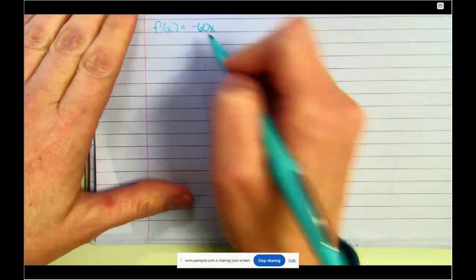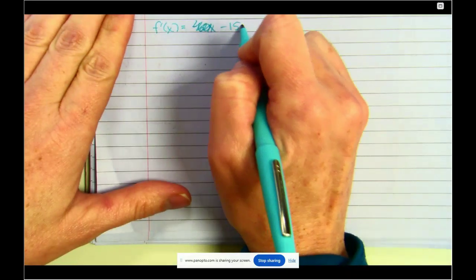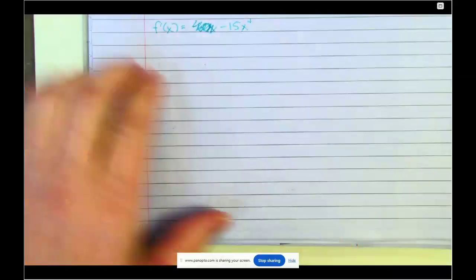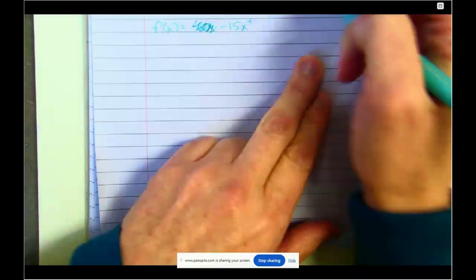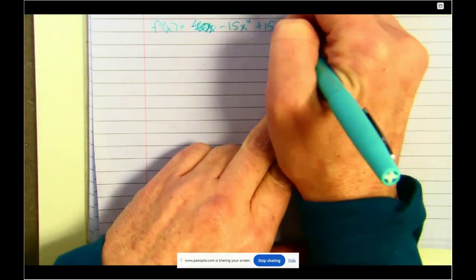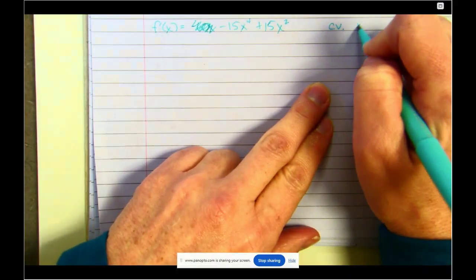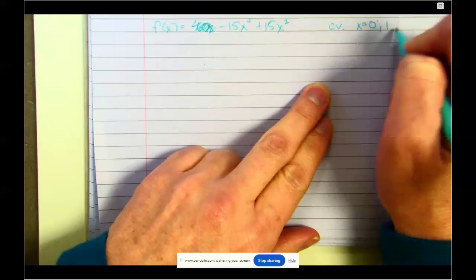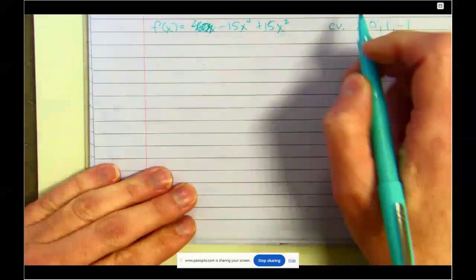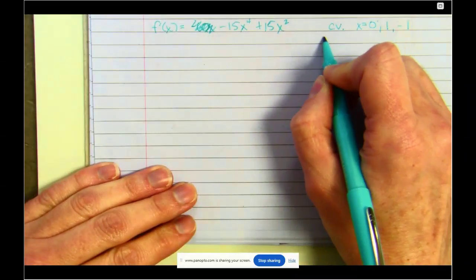I did that wrong. Sorry. -15x to the 4th plus 15x squared. That's f prime. And the critical values are x equals 0, +1, and -1. And you need to classify those as maximums or minimums.